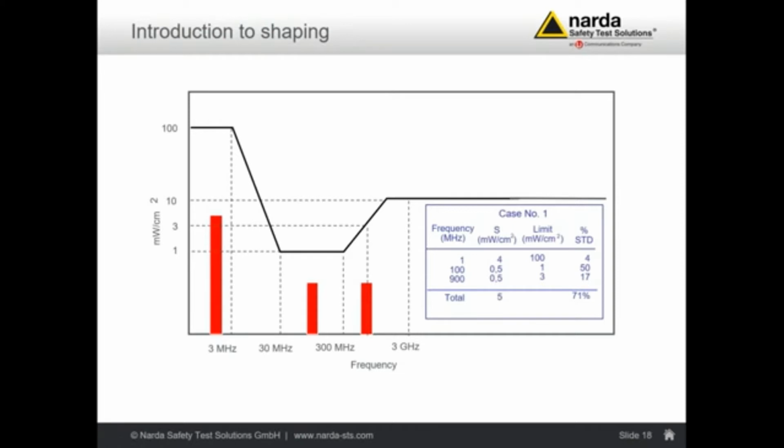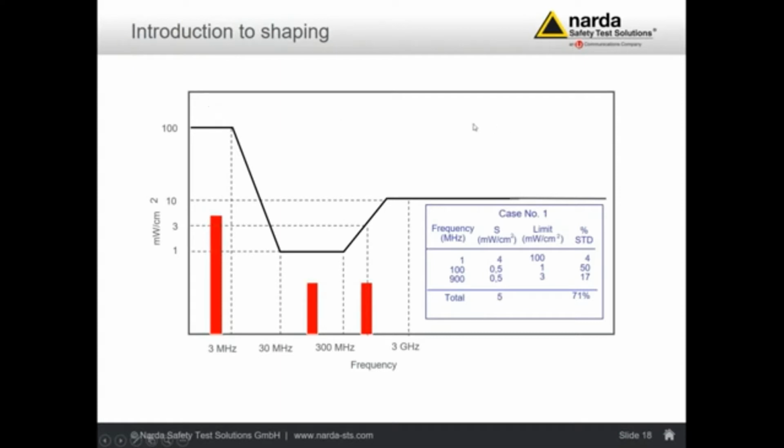So the question is now, does it exceed the limit value or not? So remember, the lowest limit value is 1 milliwatt per centimeter square. The highest one is 100 milliwatts per centimeter square. You can say, I'm exceeding the limit value for sure if I'm above 100 milliwatts per centimeter square.